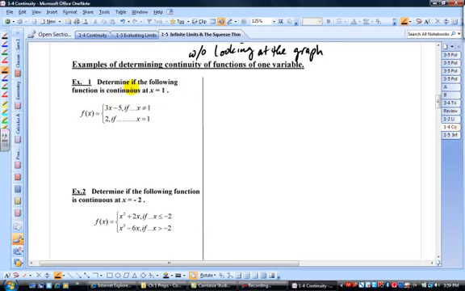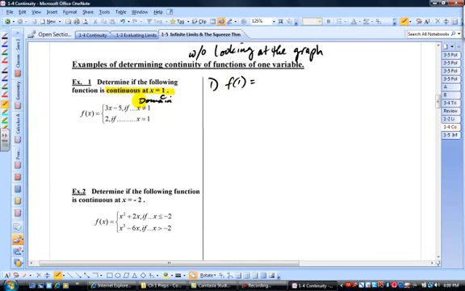Okay, so we have a bunch of examples here of piecewise functions, and we're going to test continuity at a particular point. In this case here, we're going to test continuity at x equals 1. So here's the process. The first thing we want to do is evaluate the function at c. In this case, c is 1. So we want to evaluate the function at 1.